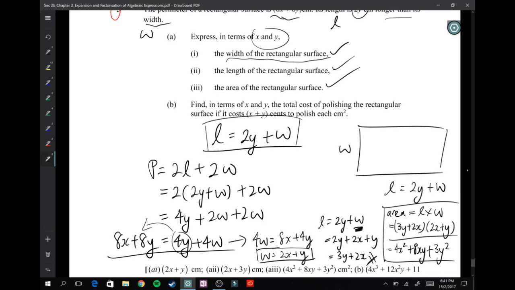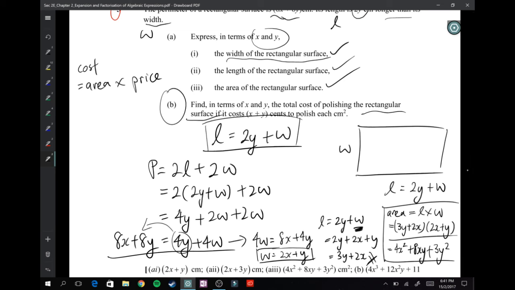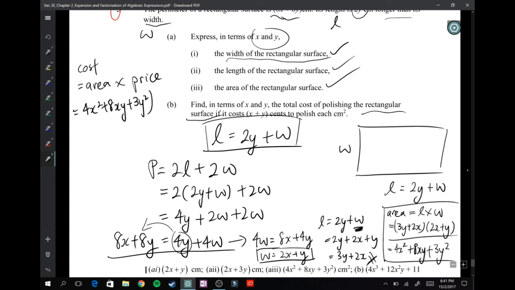Now for the last part, the cost of polishing the rectangular surface. So the cost will be equal to area times price, right? In this case, it is 4x squared plus 8xy plus 3y squared, times x plus y.